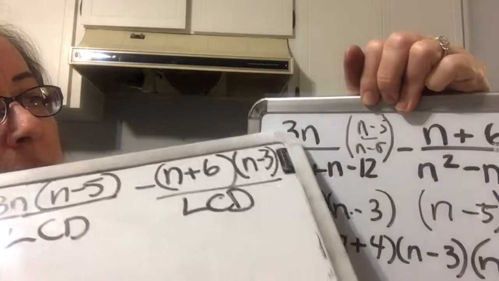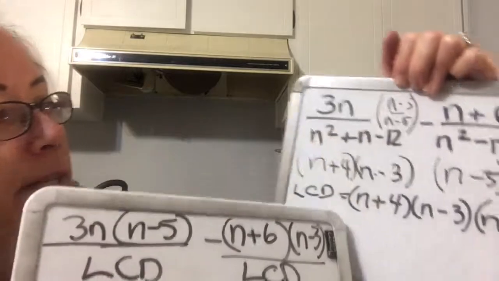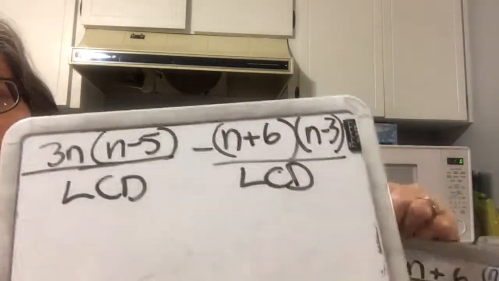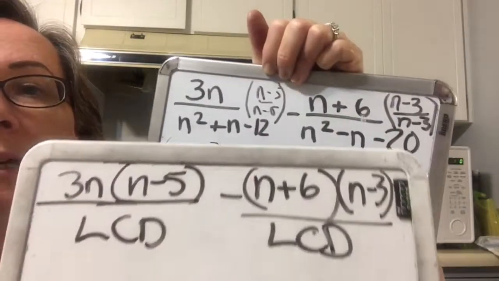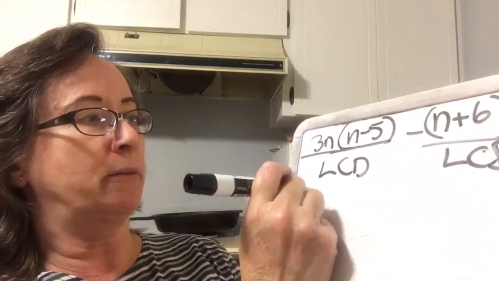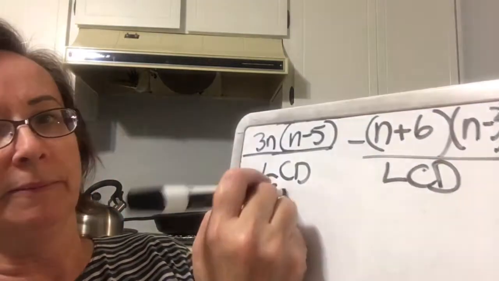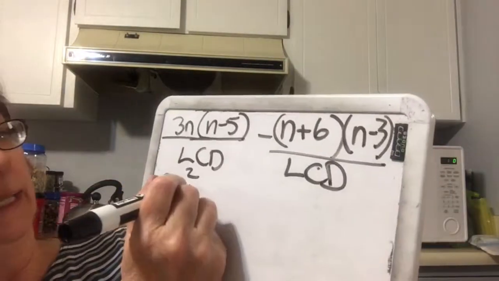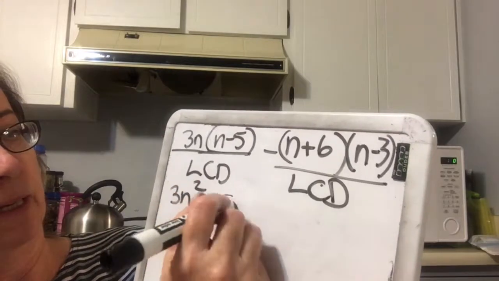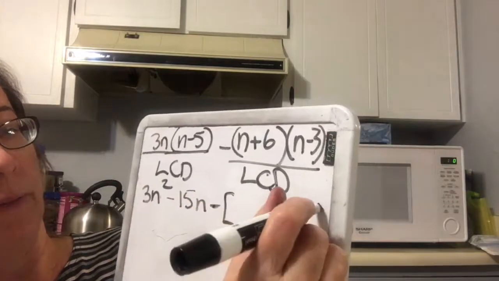So 3n times the n minus 5, over the LCD, and then minus, in the middle, n plus 6 times n minus 3. Okay, so when I distribute these out, I'm going to get 3n squared minus 15n, and then I'm going to leave this minus out for a minute.